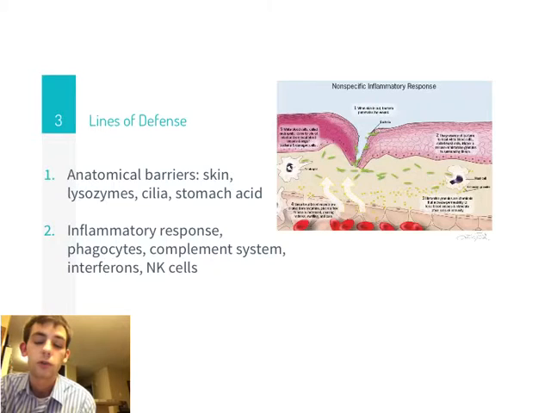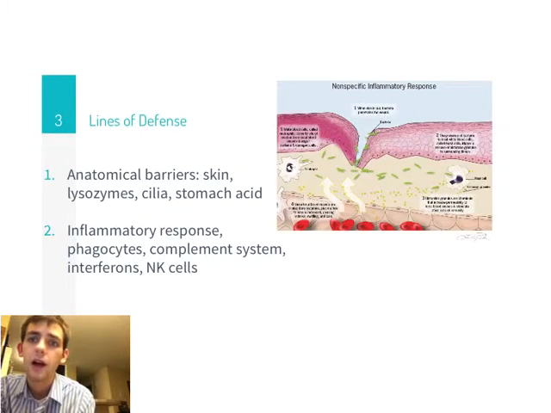We have molecules in our mouth called lysozymes, which are enzymes that break down pathogens. You have cilia in your esophagus that help push pathogens out of your throat. So when you cough, that is you expelling pathogens. And then you also have the stomach acidity. The pH in your stomach is really low, around 4 actually, and that prevents pathogens from living.